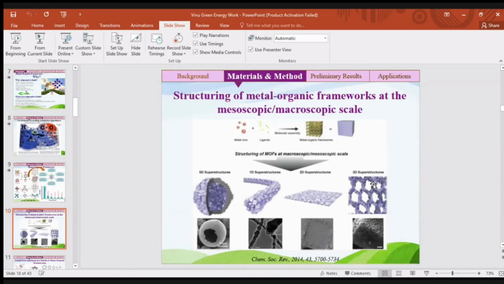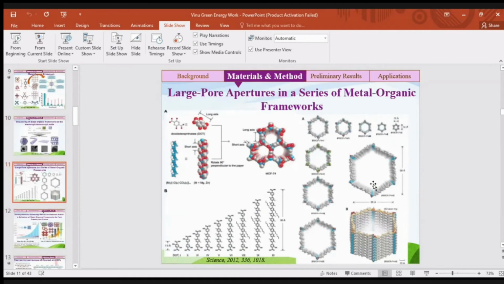Structure of metal-organic frameworks at the mesoscopic or macroscopic scale. When we are using the synthetic method, it will form a 0 to 3 dimensional structure. It will start as 0 dimensional or 1 dimensional or 2D or 3D in its structure. There are large porous apertures in a series of metal-organic frameworks.